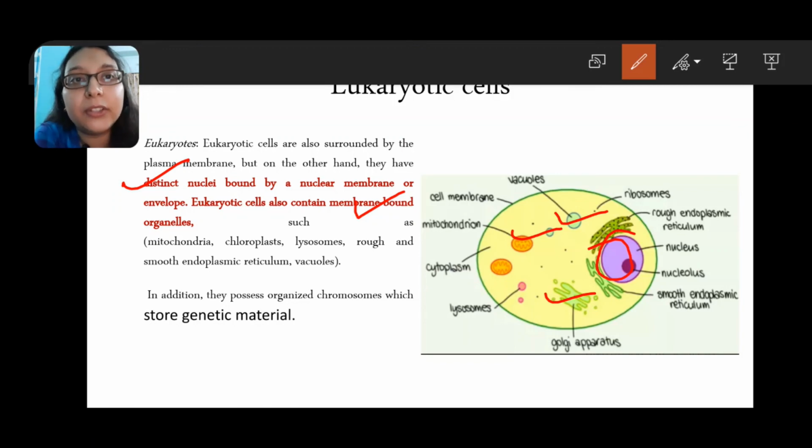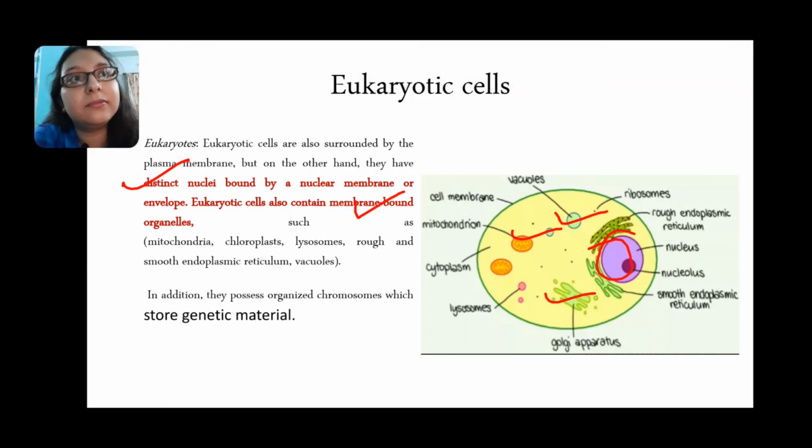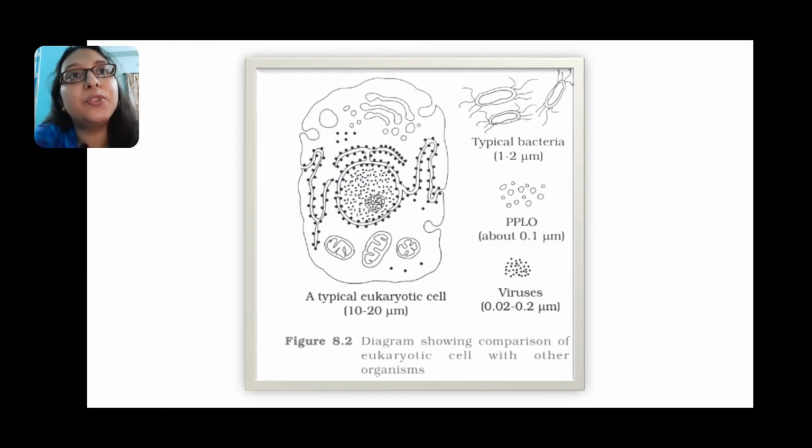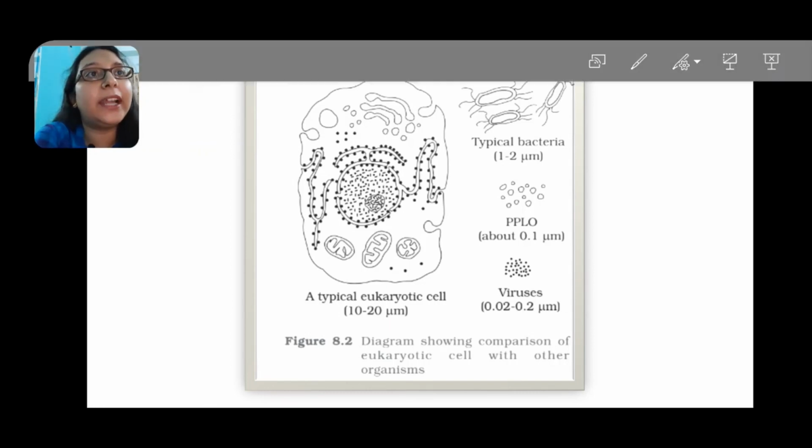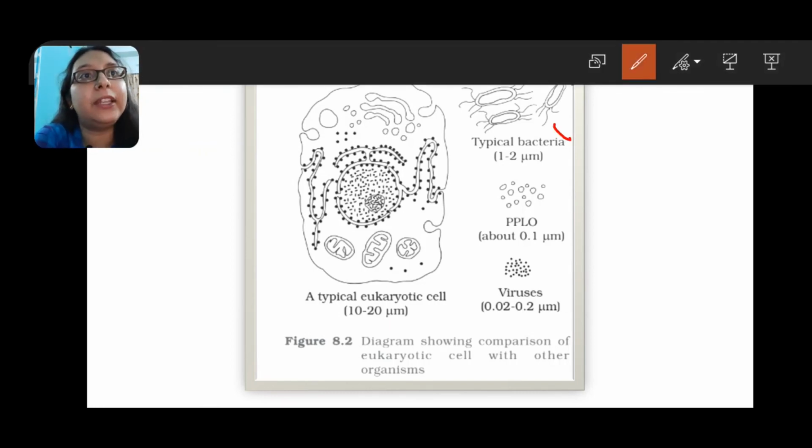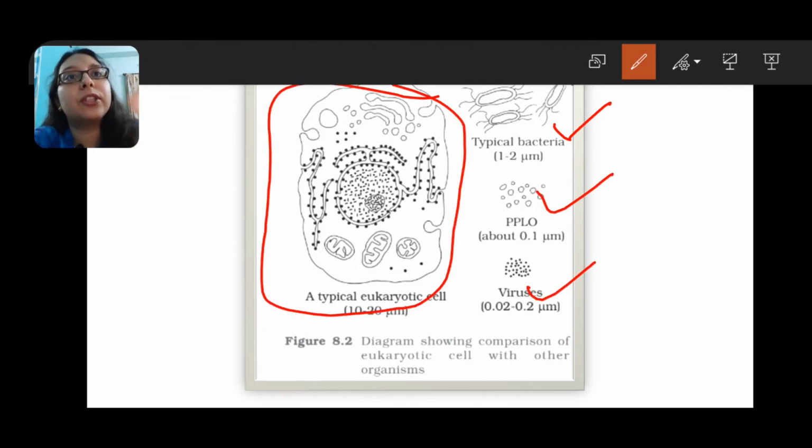Another important thing is that they possess very organized genetic material, that is, chromosomes. So this is the main difference between eukaryotic cells and prokaryotic cells. In this picture, you can see the size difference: the prokaryotic cells are very small in comparison to this eukaryotic cell.